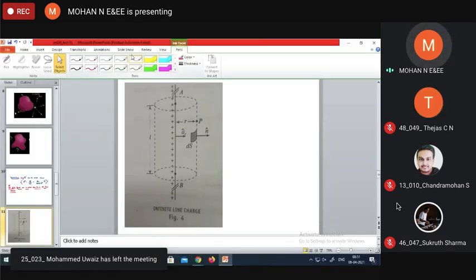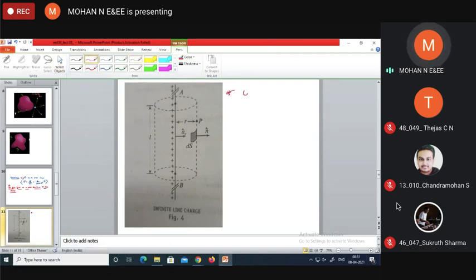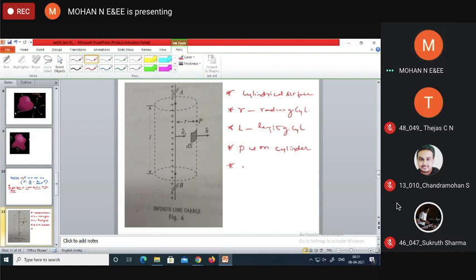I repeat: r is the radius of the cylinder, L is the length of the cylinder, P is on the cylinder, and the cylinder is closed on both sides.